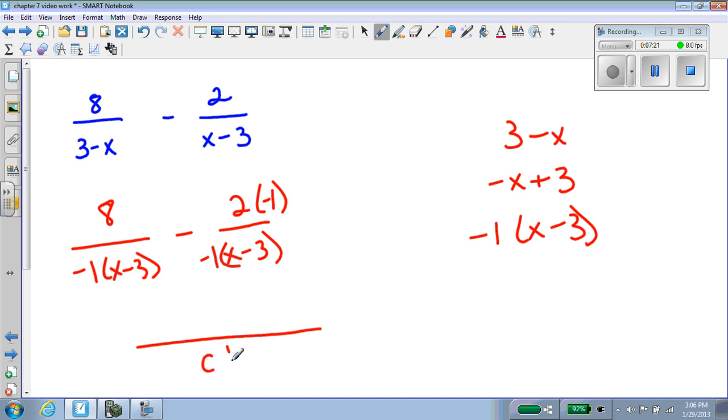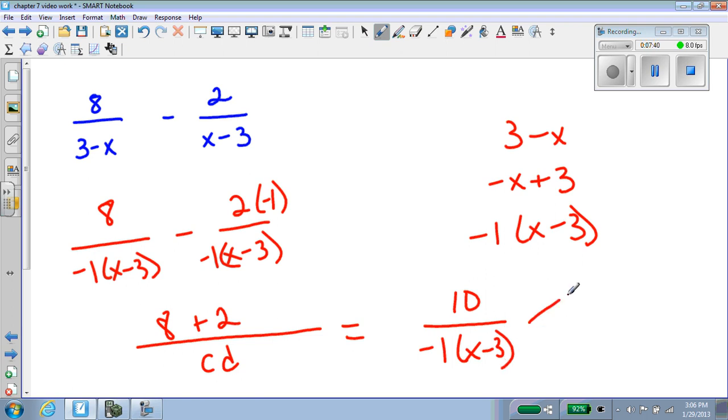So my common denominator and my numerator is 8 minus negative 2. So 8 plus 2. So I have 10 over negative 1 times x minus 3, which most times they're going to write this one of two ways.